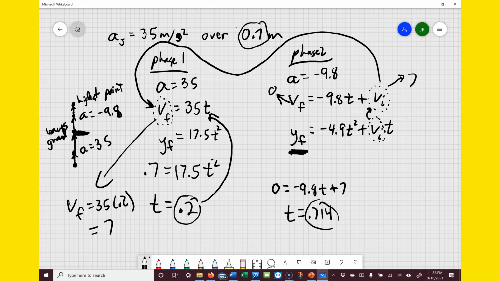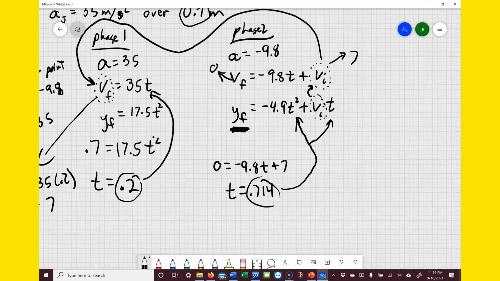And then this can go into t here and here. That's all I'm doing, because I've got all these variables. The only one I'm missing is y f, and that's going to be determined. So y f equals negative 4.9 times 0.714 squared plus 7 times 0.714.